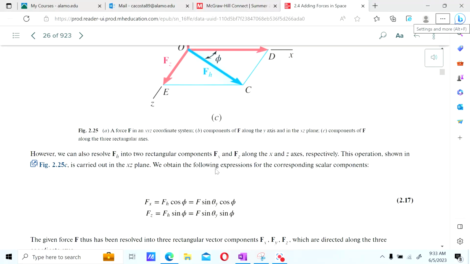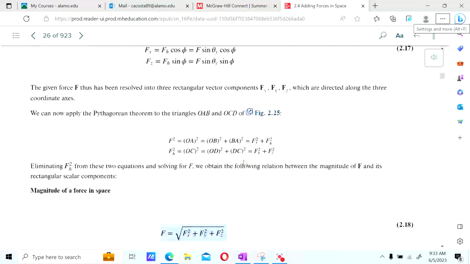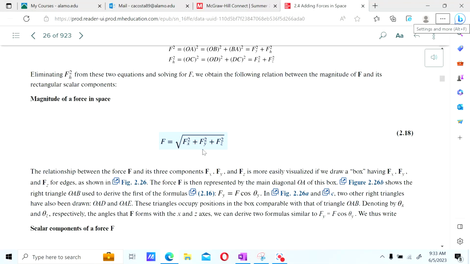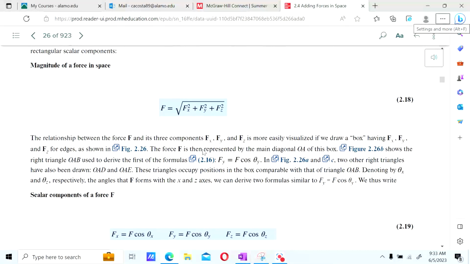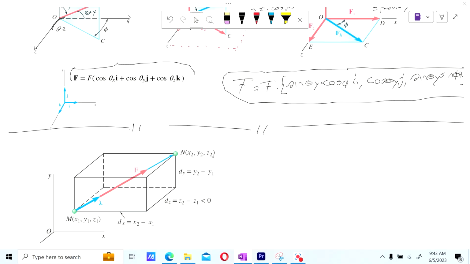And yeah, so just basically telling you, if it's sine of theta y, cosine of the angle, sine of theta y, and sine of phi, and the force is just the square root of each component. Let us look at this example right here.